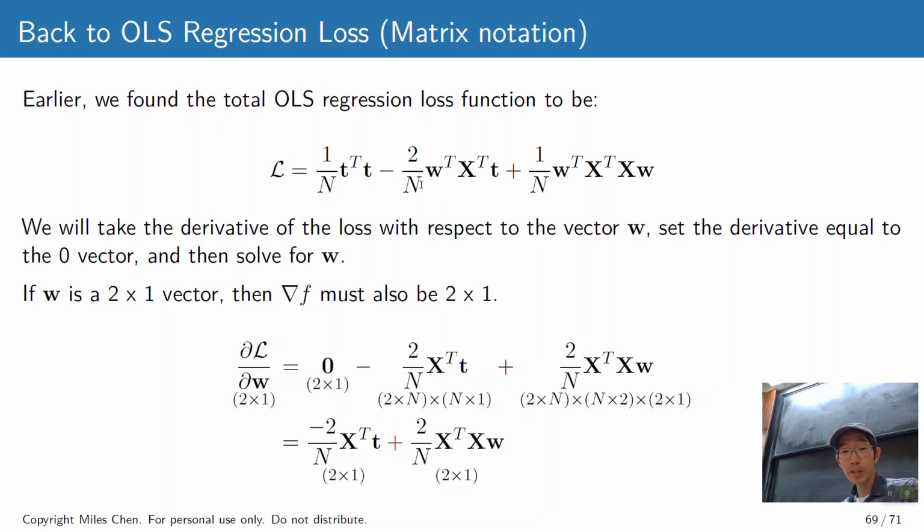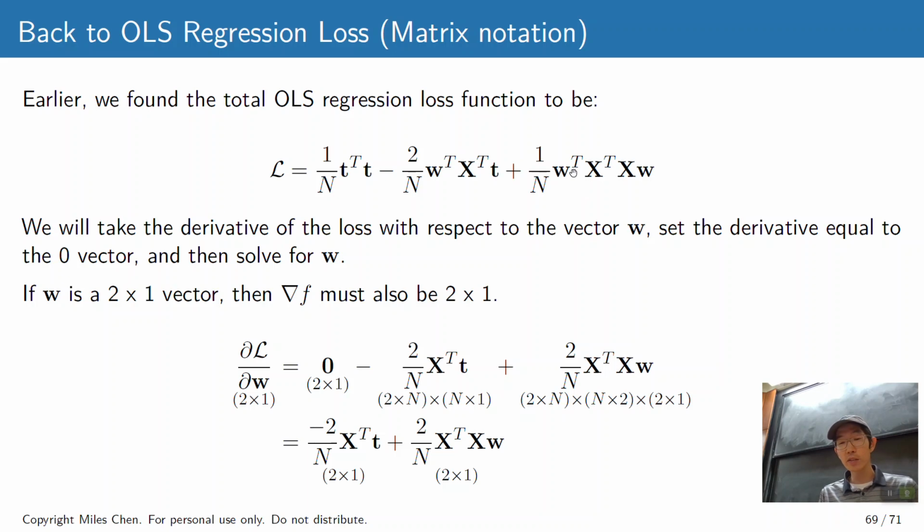Okay, here I've got 2 over n, w transpose x transpose t. This part is basically just an n by 2 by 1, what do you call it? X transpose t reduces down to a 2 by 1 vector here. So basically, the gradient of this with respect to w just becomes x transpose t, also 2 by 1.